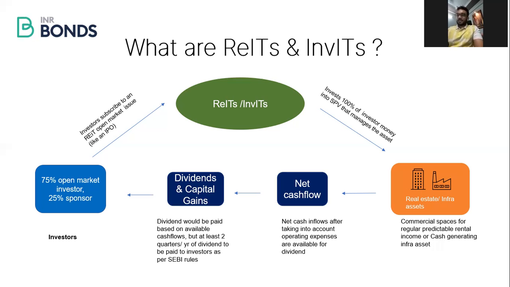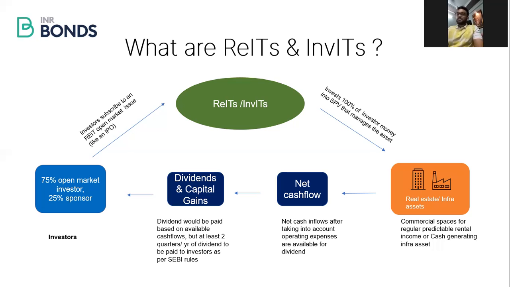For illustration purposes only, if an InvIT or a REIT is paying 3 rupees per quarter, the investor would be getting 12 rupees in a financial year as dividend income.